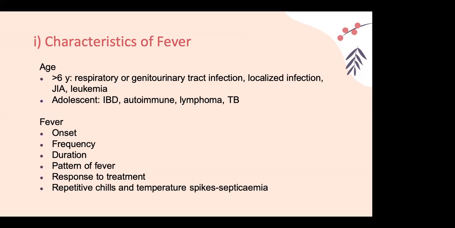Next, we also need to ask whether the fever responds to treatment, for example antipyretic, because if the fever responds to antipyretic, it indicates that it might be due to infection or inflammation. And then ask whether the child has repetitive chills and the temperature always spikes, to indicate septicemia.